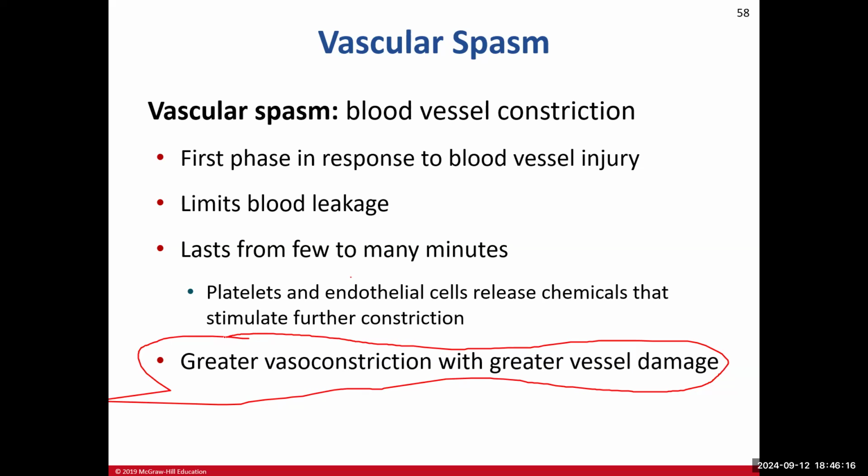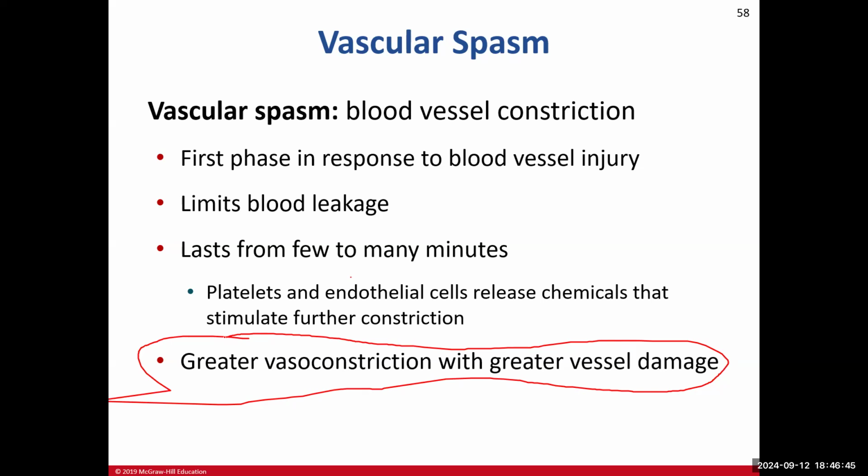So when you see endothelial cells, just think those are the simple squamous cells that line your blood vessels or lymphatic vessels. These cells, the platelets and the endothelial cells, are going to release chemicals that contribute to the process of hemostasis, which we're going to talk about in a few moments. Good so far on the first phase? Vascular spasm, not too bad.